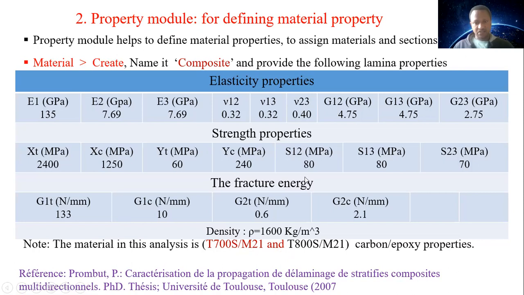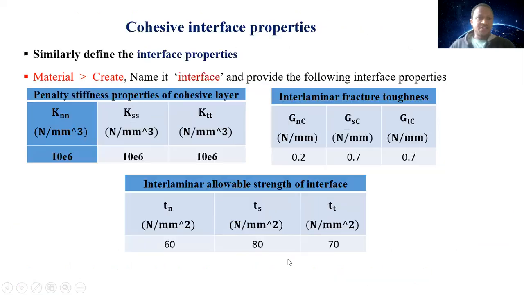This is from some reference. I took it from experimental work done by Toulouse University. It is a French university actually. And then the interface properties are also given here. The interface stiffness coefficients are there.